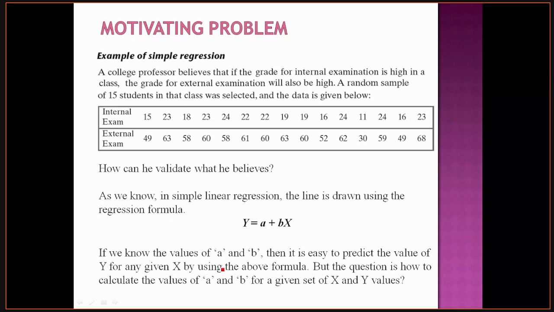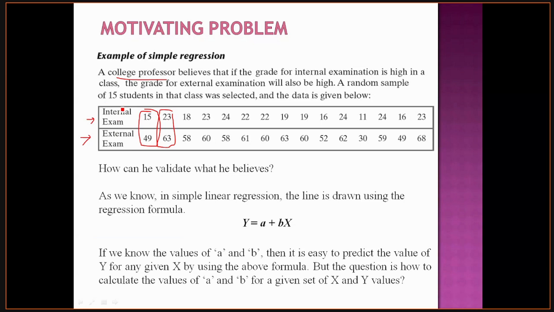Say, for example, here we have used a motivating example of student marks. Now, say there are two sets of marks, the internal and the external marks. A professor believes that there is some relation between them: if the internal marks are higher, the external marks will also be higher, and if the internal marks are lower, the external marks will also be lower.